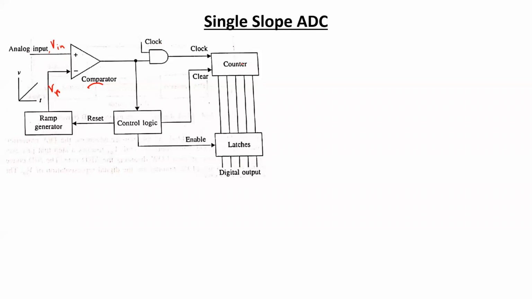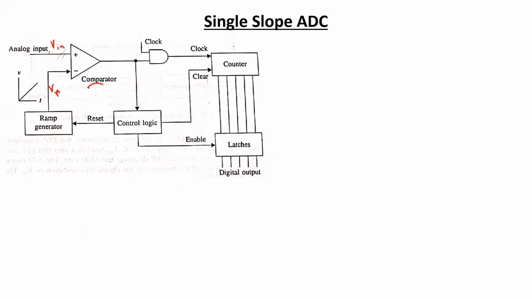A particular type of counter can be used to increase the count whenever it receives a clock pulse, and depending upon the number of counts done for a particular duration, that particular representation of the output of the counter after a certain amount of count will be an equivalent representation of the analog input voltage Vin.